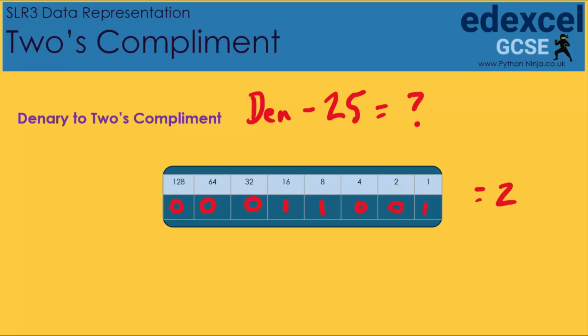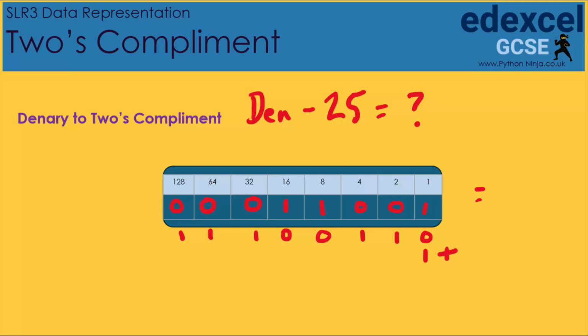So this is positive 25, remember, not negative 25. So now we need to flip all the bits. So 1 becomes a 0, 0 becomes a 1. Okay, so we've flipped our bits now, so now we need to add 1.